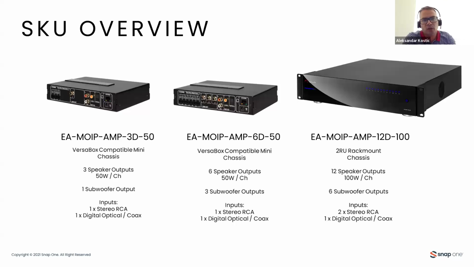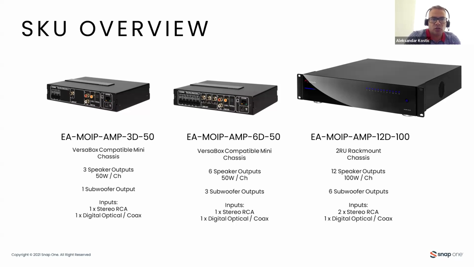We have 3 models available of the MOIP amplifiers, which are different in terms of how many audio zones they can support. So the simplest one, the smallest one, has 3 audio channels, 3 audio outputs, and it can be configured only as a single audio zone.